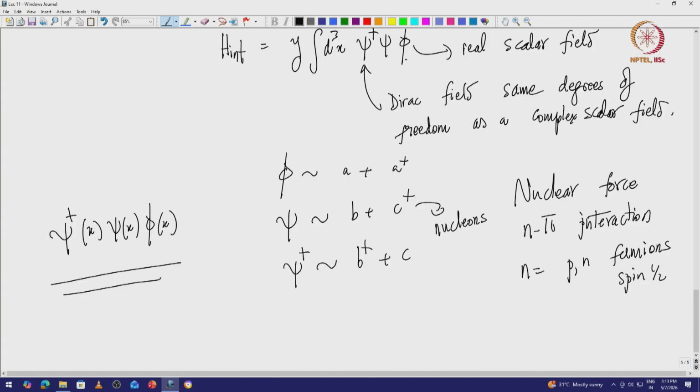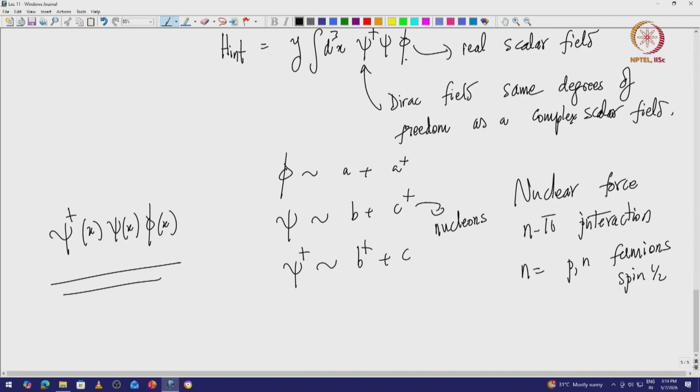It annihilates a meson and creates a nucleon antinucleon pair, or you can say that it annihilates one of the nucleons and creates the other nucleon and a meson. This will be responsible for some nucleon decays, or for nucleon pion scattering and so on.